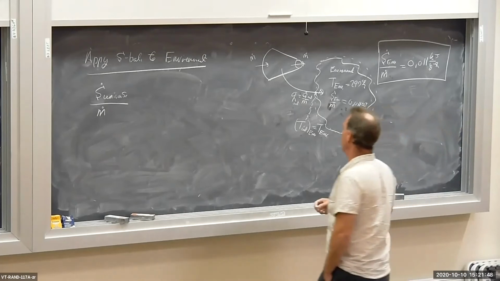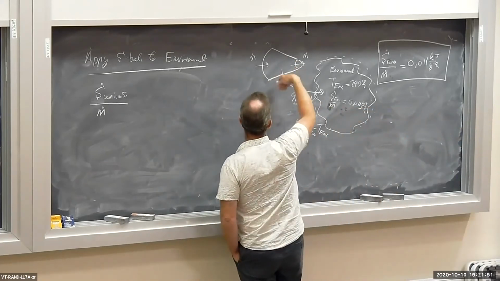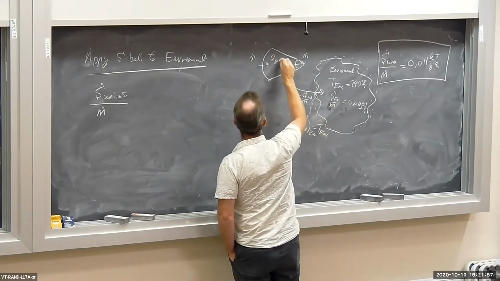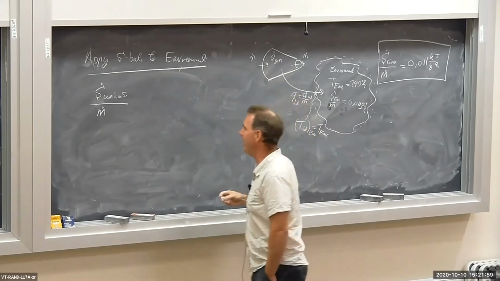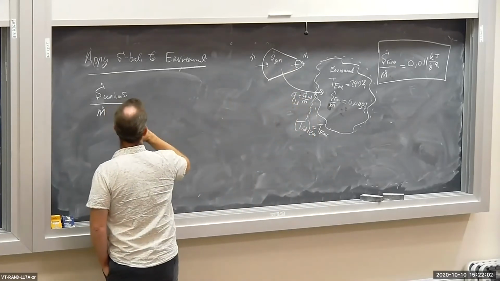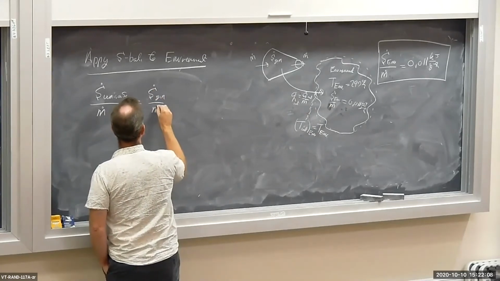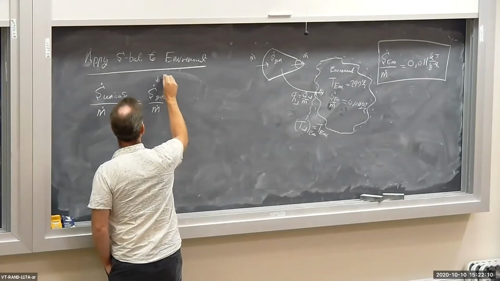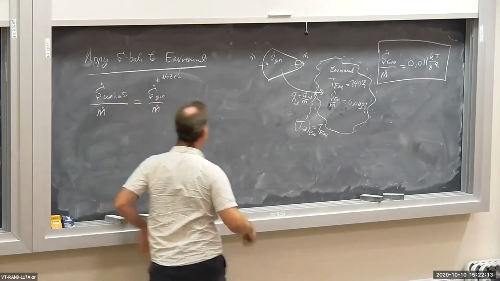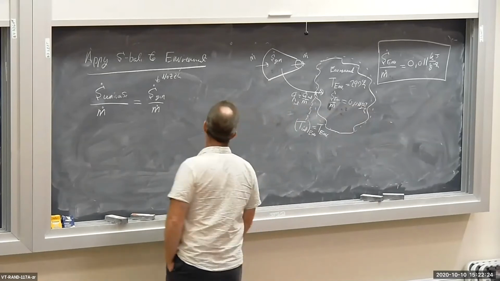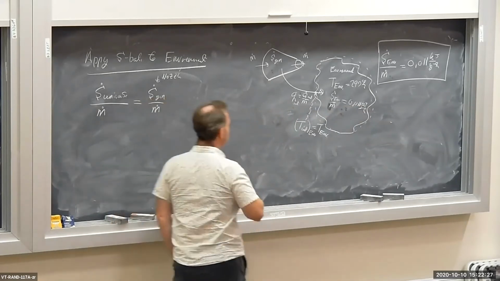Well, the rate of entropy change in the universe is equal to the entropy generated per unit mass flow in the nozzle. So we have S dot gen over m dot, and this is for the nozzle. So the entropy generation inside of my nozzle. Okay, so that's going to increase the entropy of the universe. Plus what?